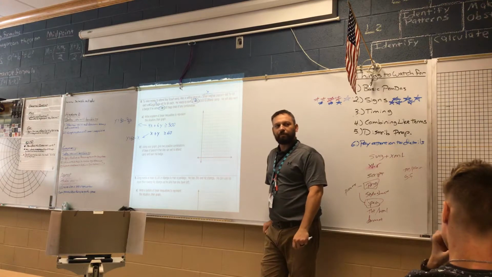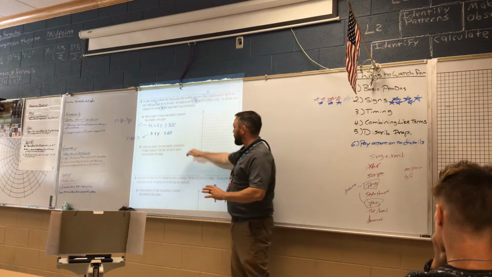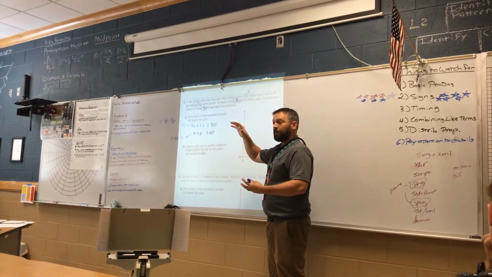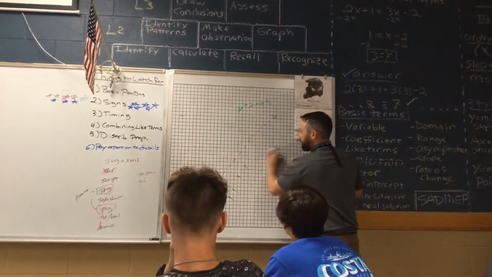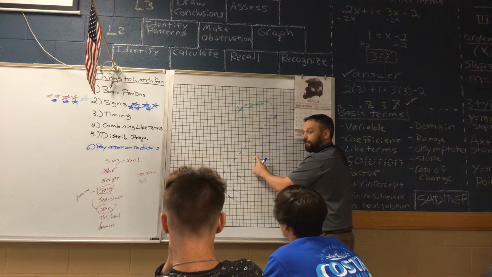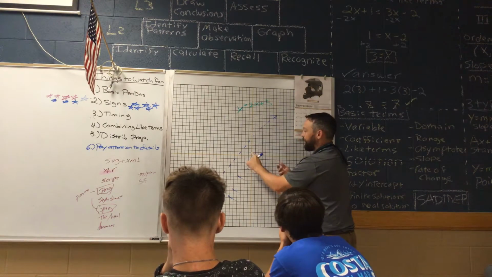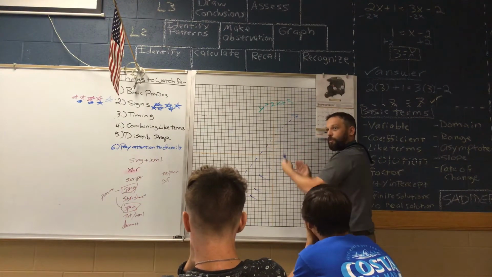Really, there's no wrong answer here. I will say this: if it's ever possible, try to keep the relationship of the x and the y 1-to-1. If I go over this graph and ask where it is on the x-axis, you would say 1, and this is 1, so it's a 1-to-1.